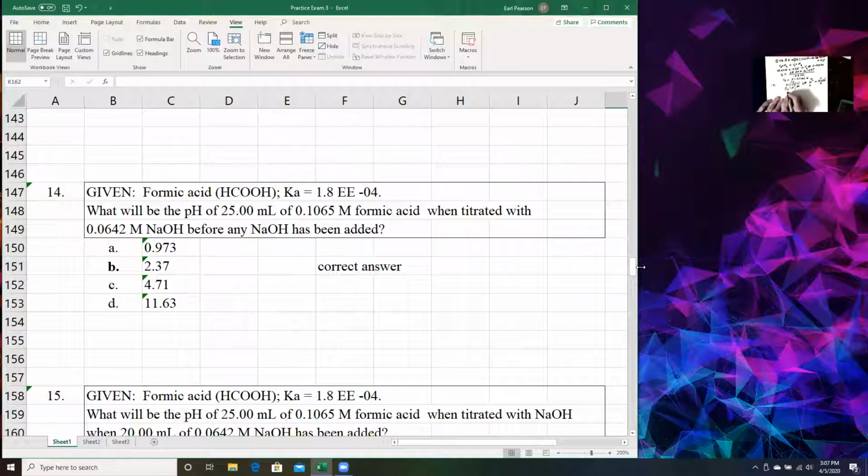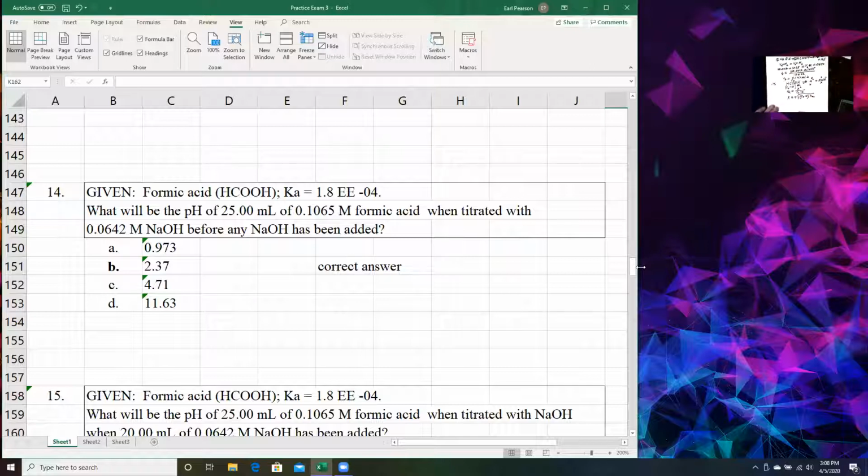Then the Ka is going to be equal to this times this, X squared, over the undissociated acid concentration, which is C0 minus X. And solving for X, the solution is that X is the square root of C0 minus X times Ka.